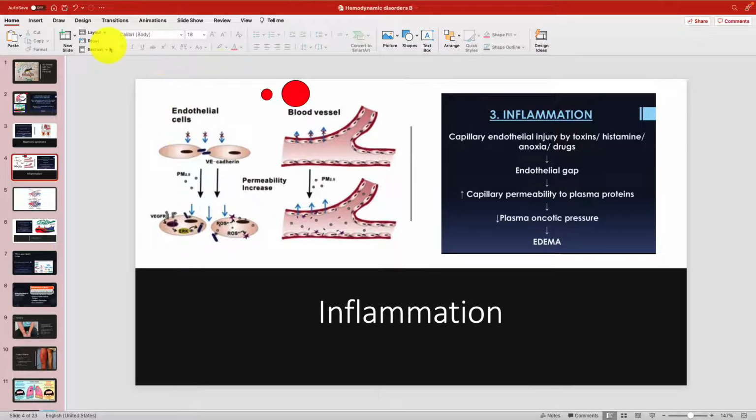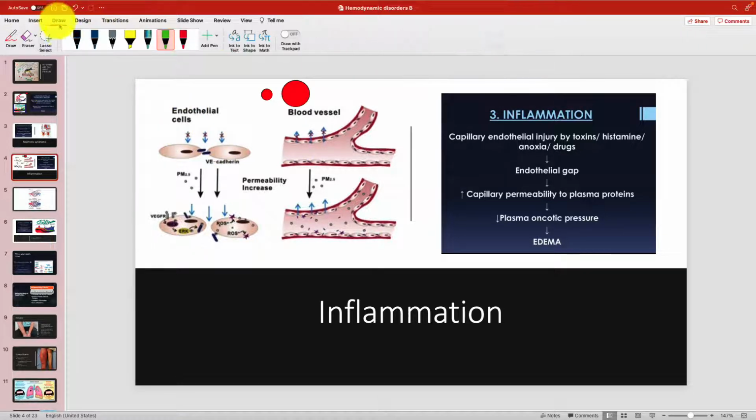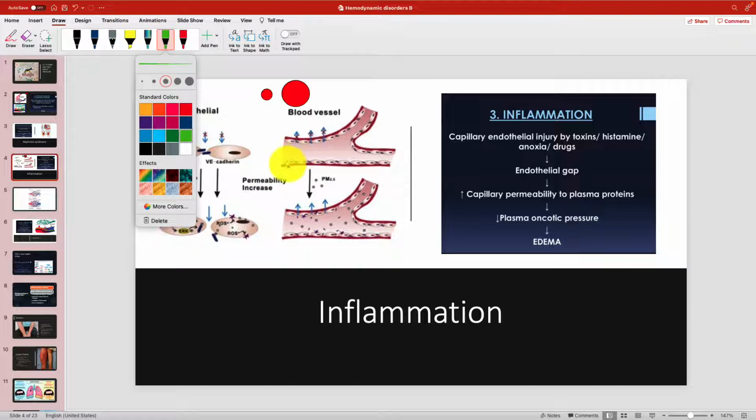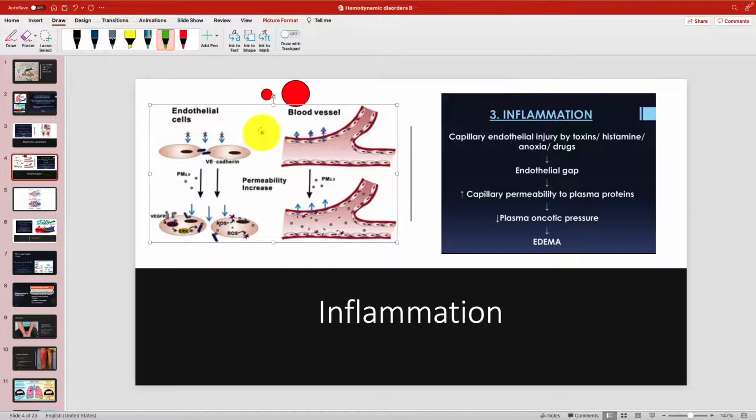So remember on that last drawing, I had green and I said, we have the endothelial cells. Okay, we have endothelial cells that look very close together, right? And then we know that these are held together by these proteins here.